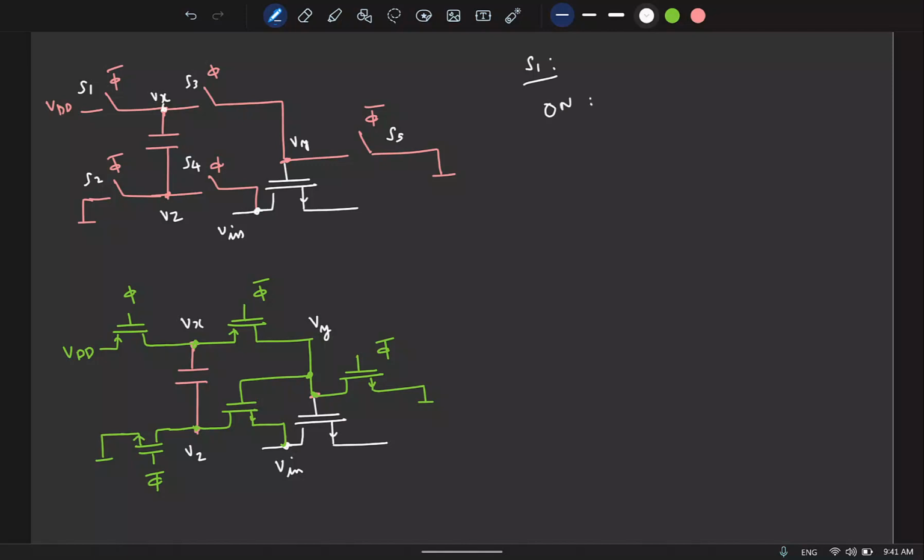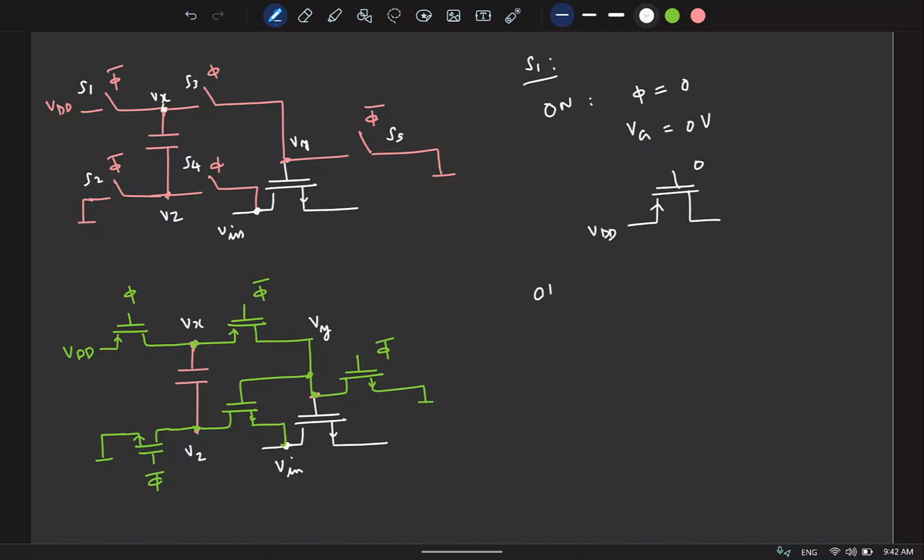This is when phi is 0. When phi is 0, to turn the switch on, what would be the gate voltage you will apply for the PMOS? 0. So in that phase, this is the circuit. One side is at VDD, this is 0, more than enough to turn it on.